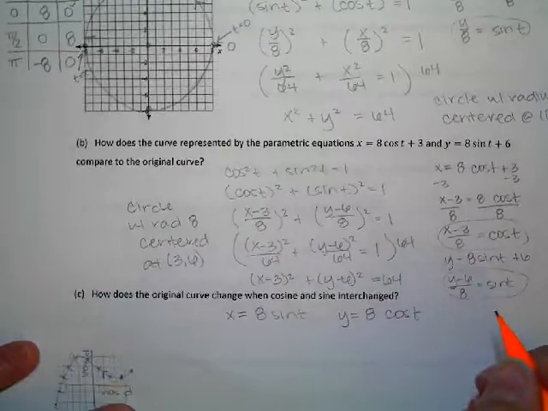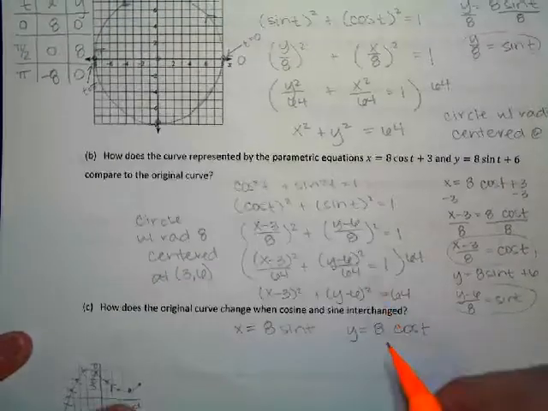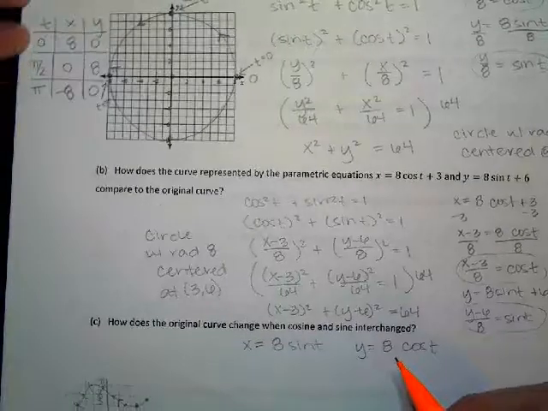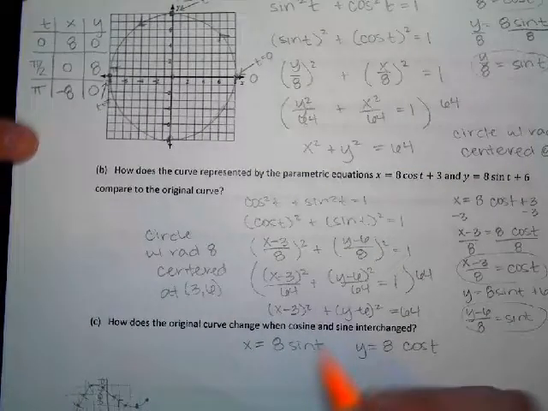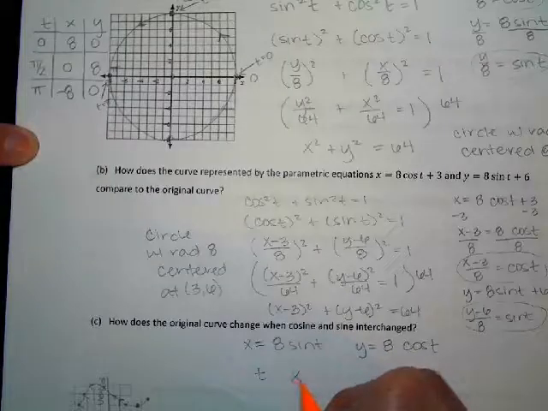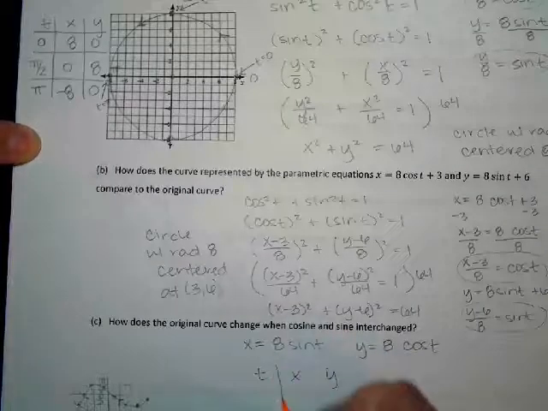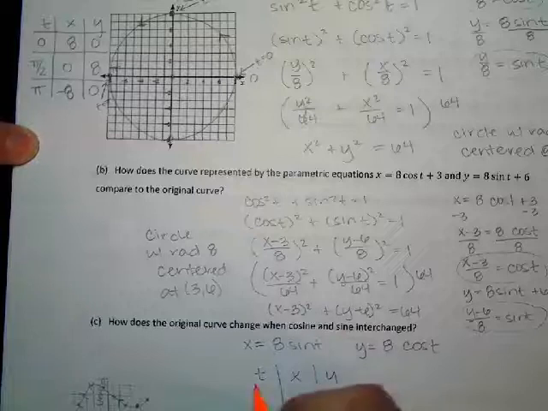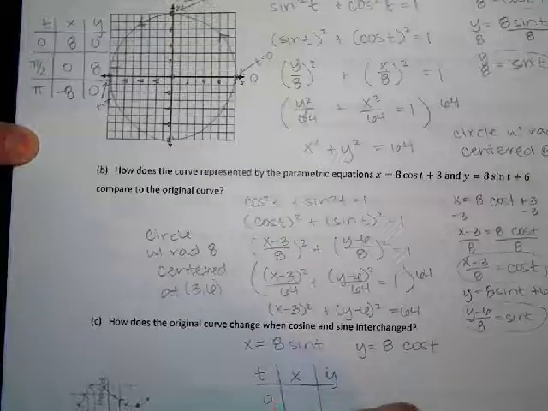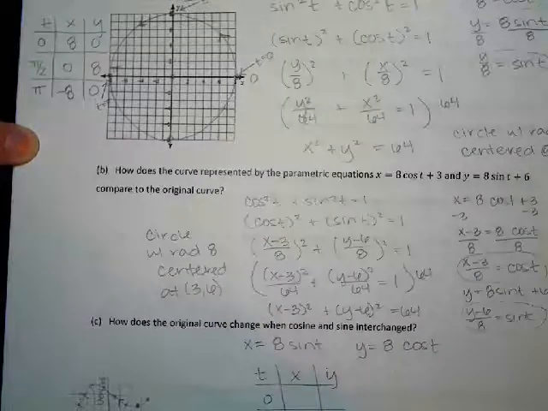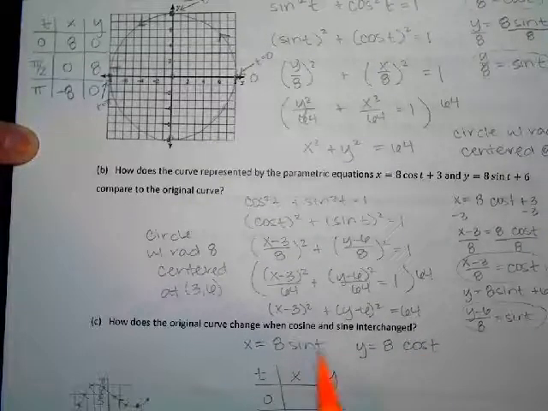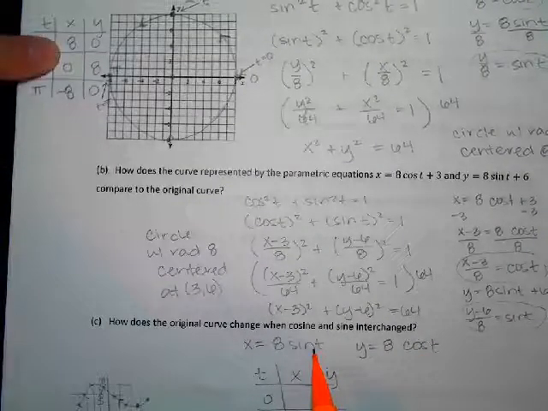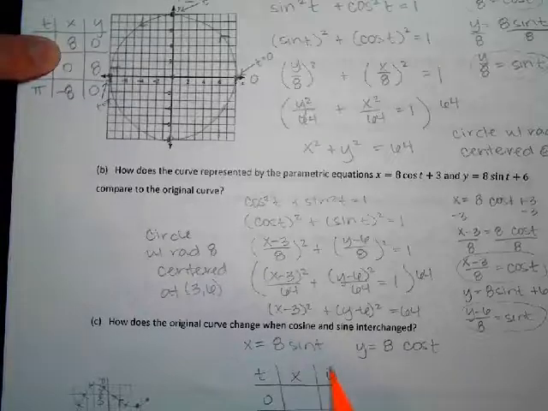So we're going to do the t and the x and the y, 0, pi halves, pi. If we were to trade these, then the first point wouldn't have been 8, 0. The first point would have been 0, 8.